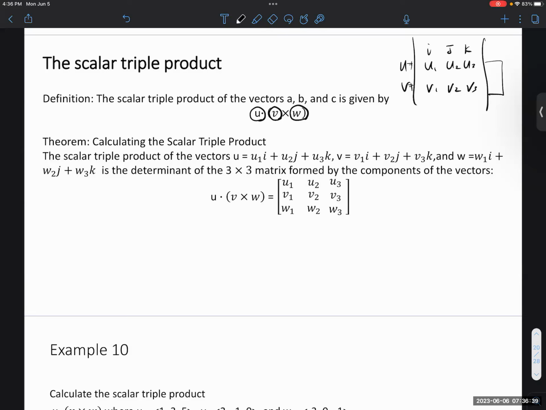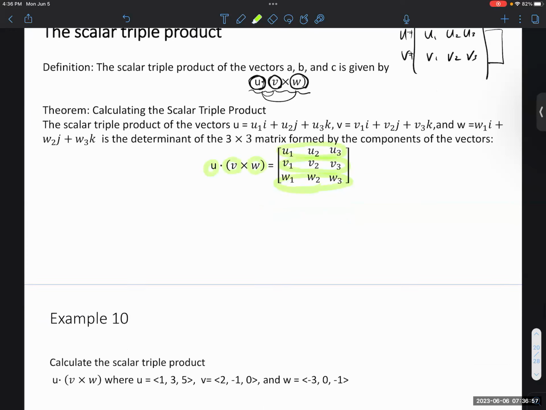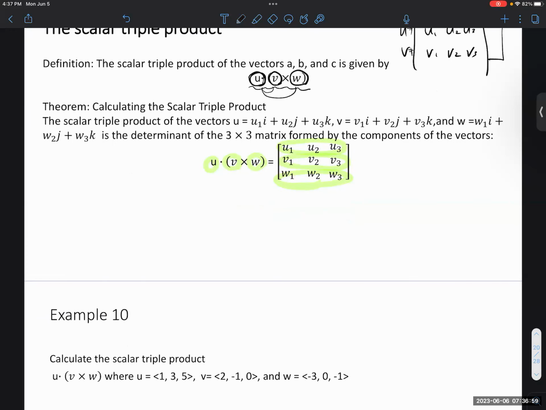But what if I have 3? Let's assume one of the vectors is a scalar, which means you can do the distributive property. Nothing is confusing, just set it up. U vector on top, U1, U2, U3, V vector, V1, V2, V3, W, and then you do the same thing, the determinant again. So set it up this way.